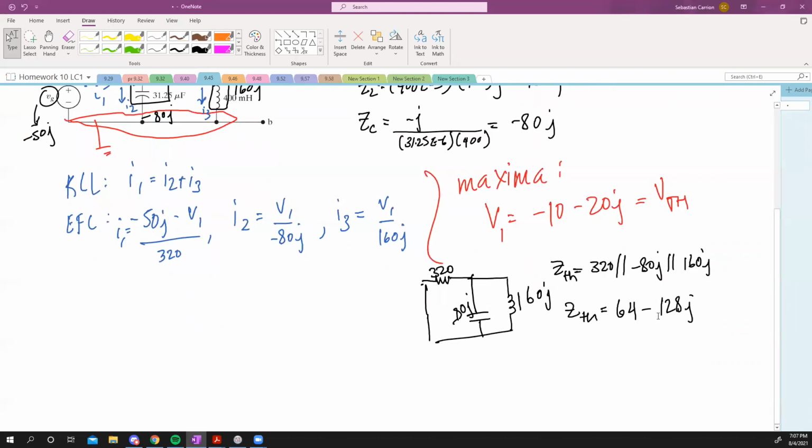And so now that we have our Thevenin impedance and our Thevenin voltage, we can draw this. It looks like this, right?